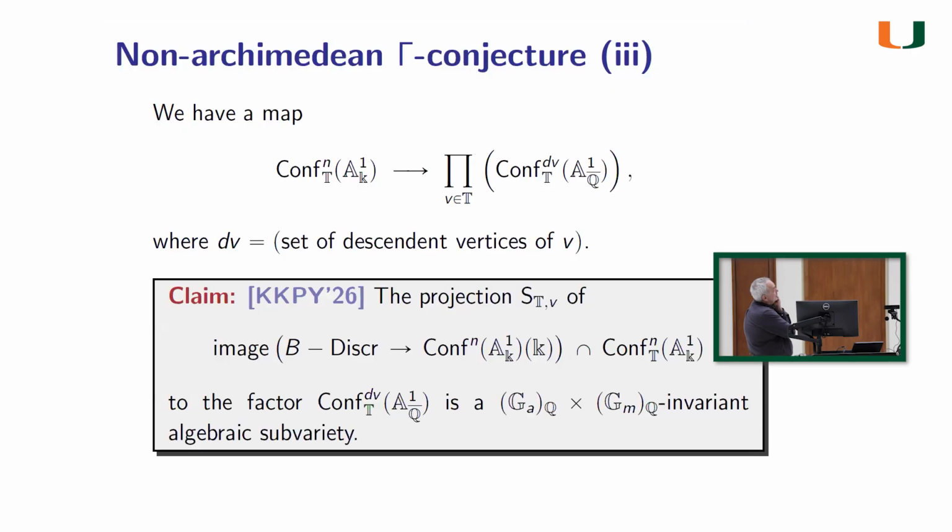And the image of B minus the discriminant under the projection to one of these smaller degree ones is an equivariant algebraic subvariety for the action of dilations and translations on the line.